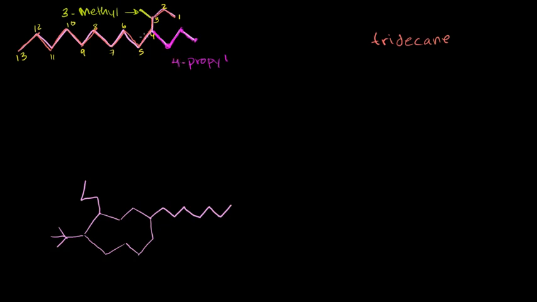1, 2, 3, 4. Now, when we figure out what order to list them in, when we actually write out the name, we just do it in alphabetical order. M comes before P, so we write 3-methyl before 4-propyl.